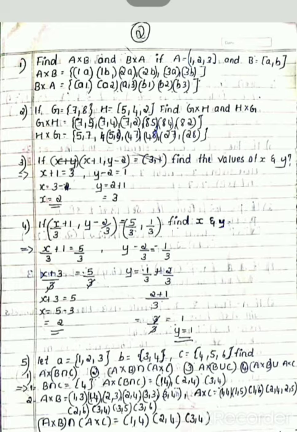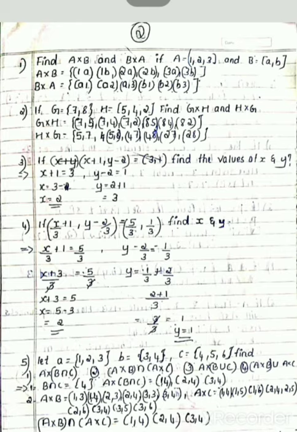So you should write all the elements of the sets A cross B and A cross C. I don't think it is there in the notes. Just take it down. The students who have written the notes have missed that.